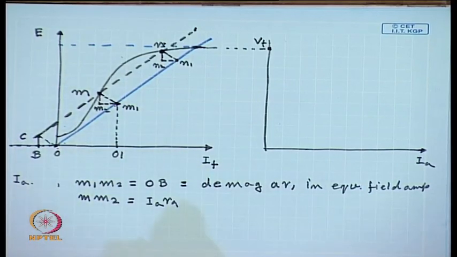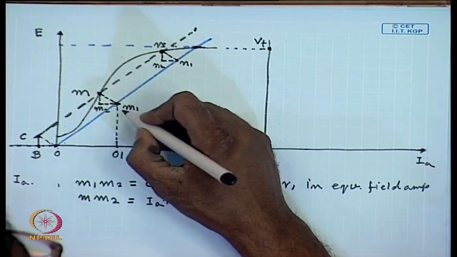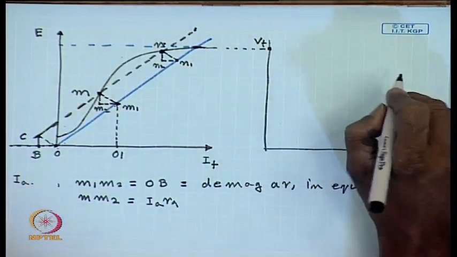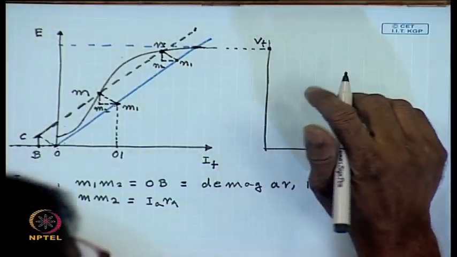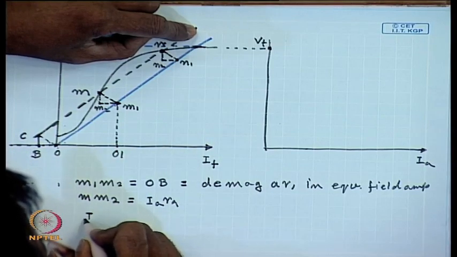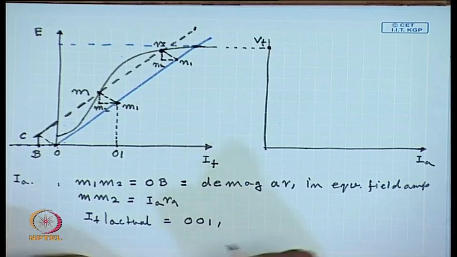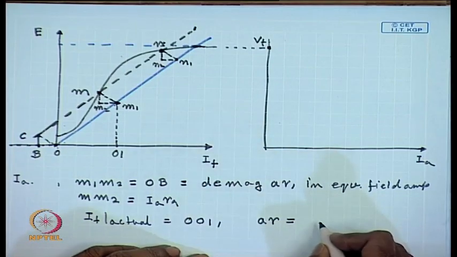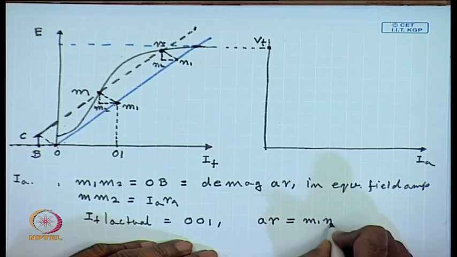Therefore, for an actual field current corresponding to O1 and an actual armature current corresponding to IA, the effective field current will be: IF actual equal to O1, and the armature reaction demagnetizing field amperes is M1 M2.